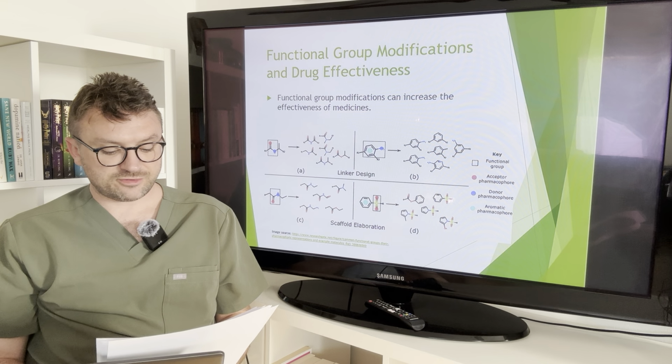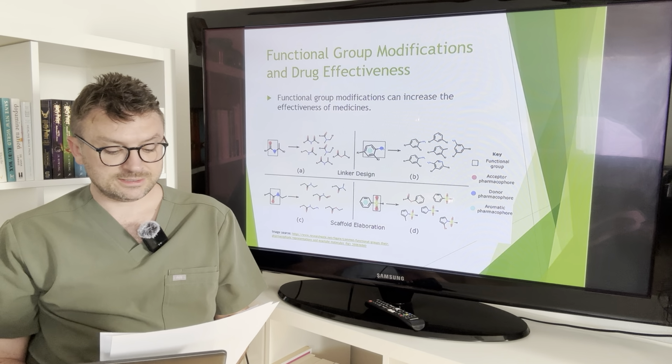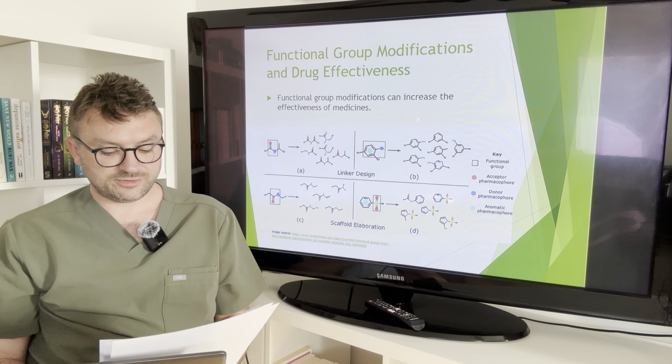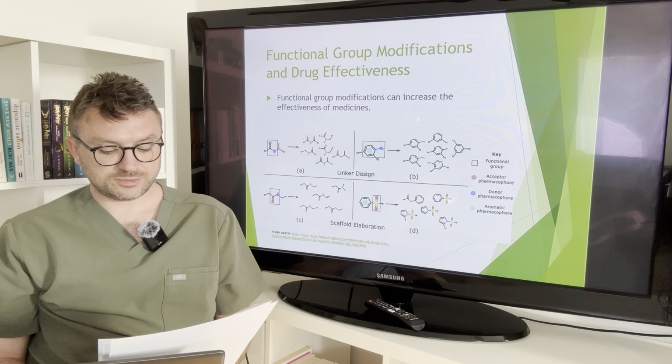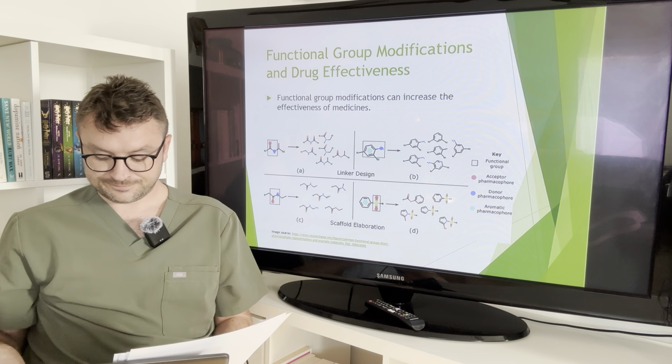This can reduce manufacturing costs and minimize side effects. Medicinal chemists often synthesize hundreds or even thousands of related molecules before identifying the most effective compound. The optimization process plays a crucial role in modern pharmaceutical development.